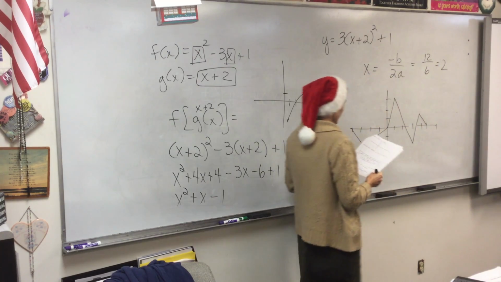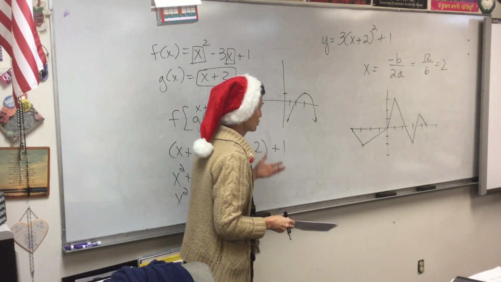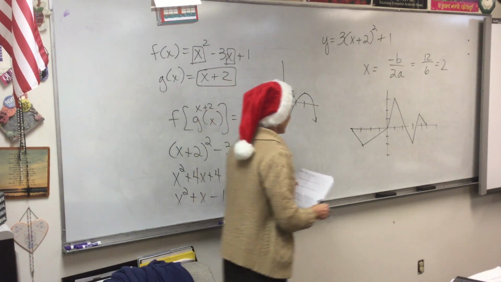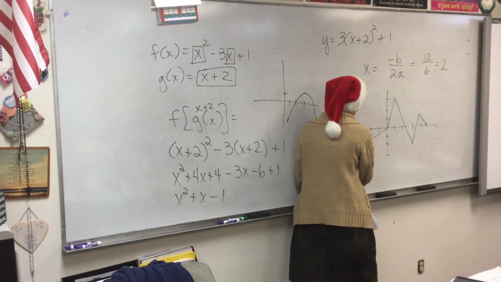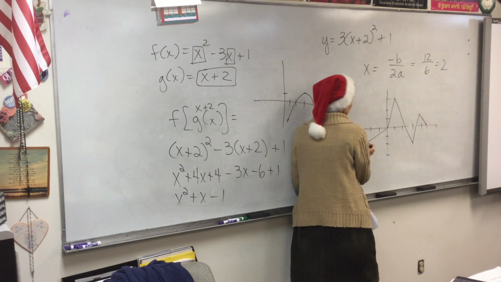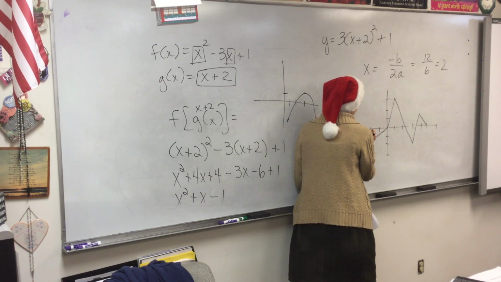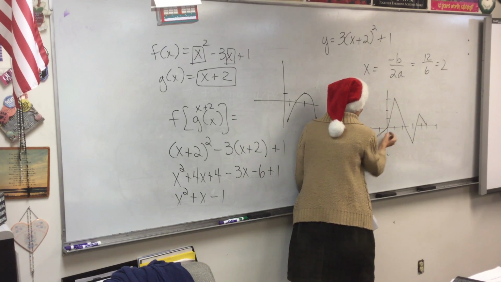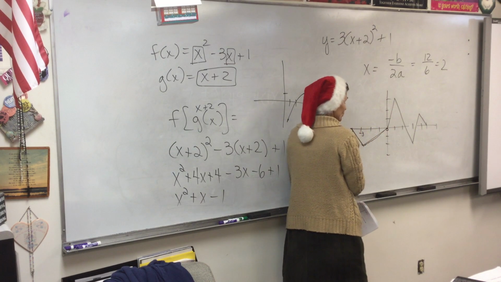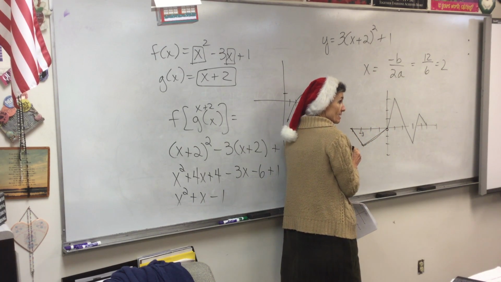So this is what the picture looks like roughly. Would you say I'm increasing on this branch? No. How about this branch? Yeah. Okay, so from this x value to this x value, I'm increasing.